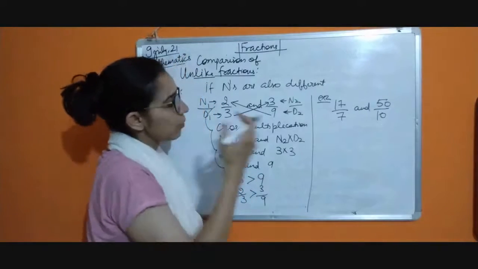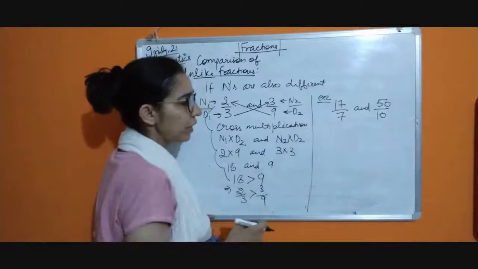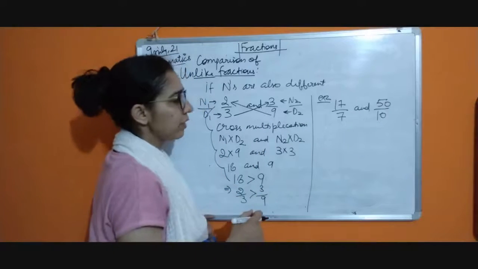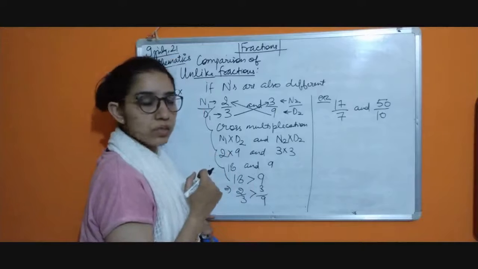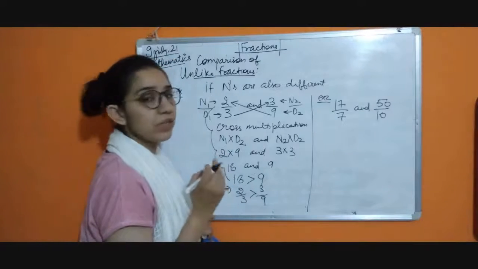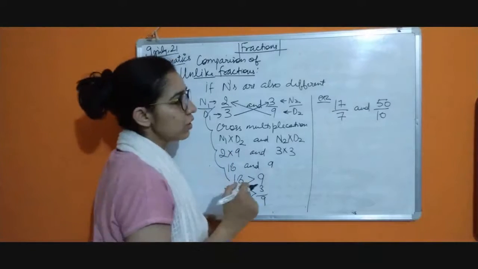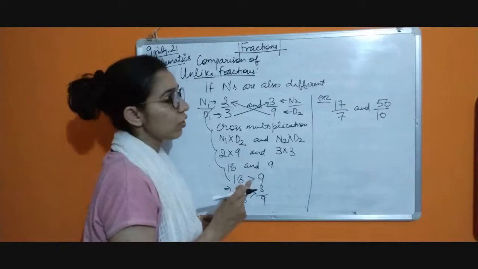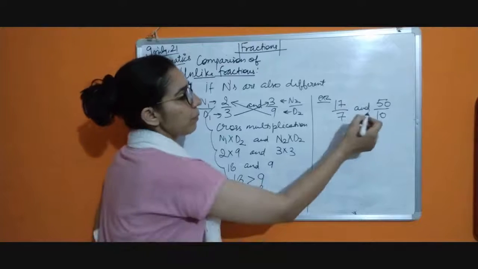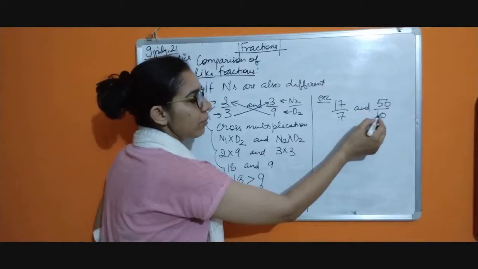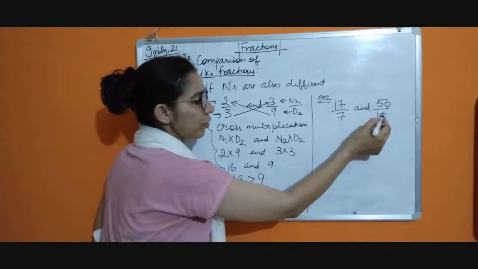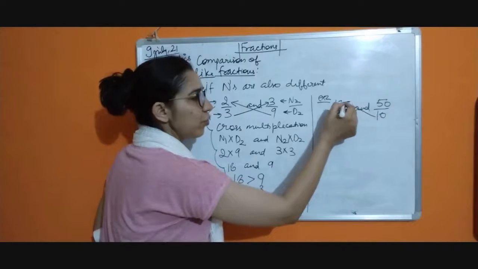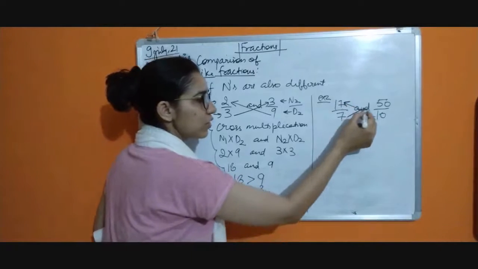Because they don't have the same numerator and they don't have the same denominator, we can't apply the earlier rules. They are unlike fractions with different numerators. So we will apply cross multiplication. You can use the method of common multiple also, but in this, what I will do is multiply the denominator of the second fraction with the numerator of the first one, and this with this.